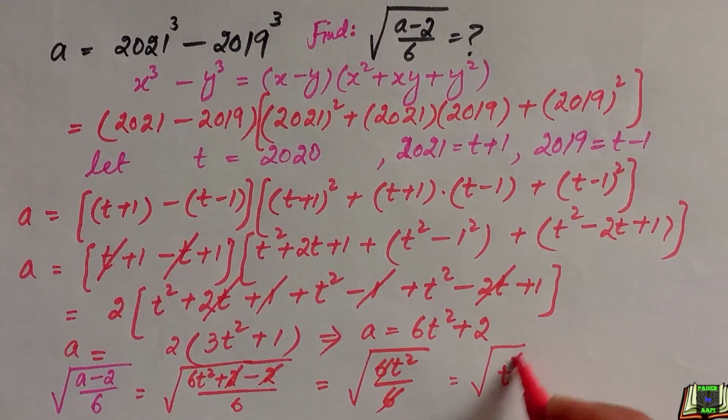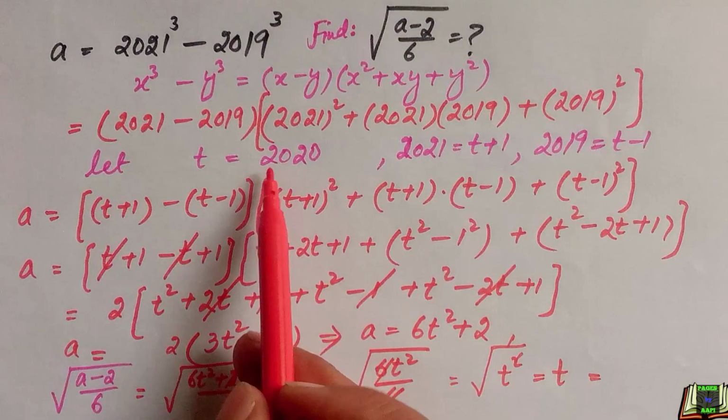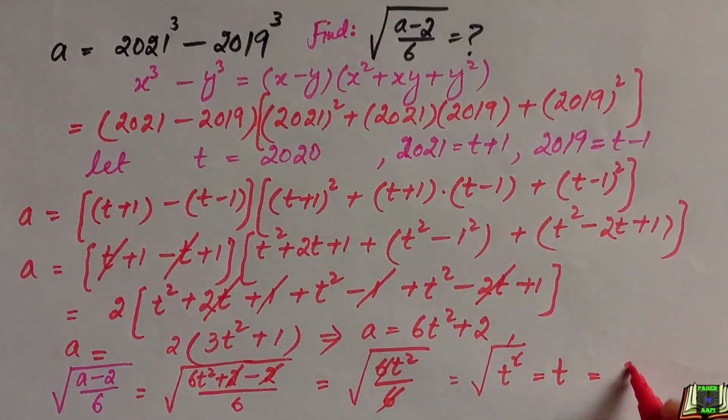We are left with t square, here square and root cancel out, which is equal to t only. And we know that the value of t is equal to 2020. It is the final answer which is required in this question.